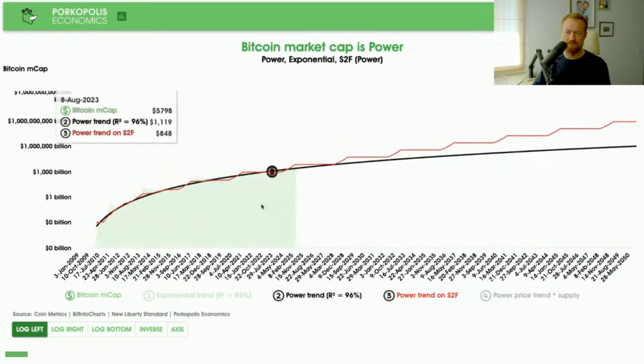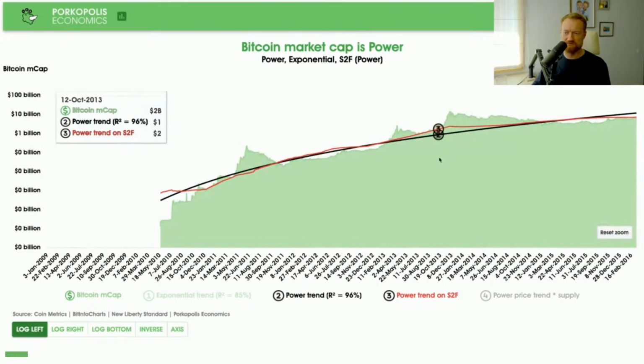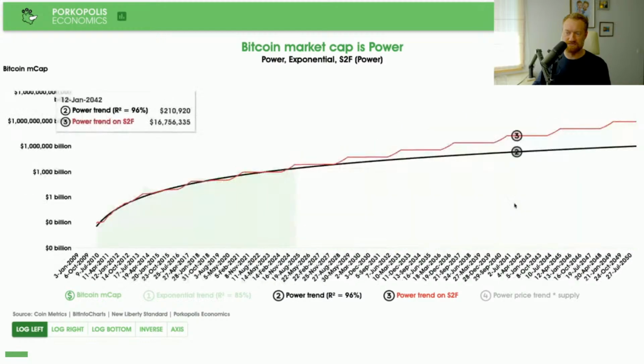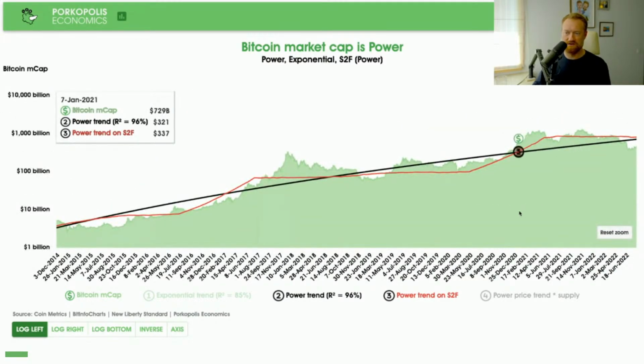Thinking that it could catch the top is not necessarily the goal of a model, because then you'd have to ask, well, is it catching the bottoms, and so on. I'll get to this and explain it a little bit more with some future predictive trends of this. But again, we're just on market cap.